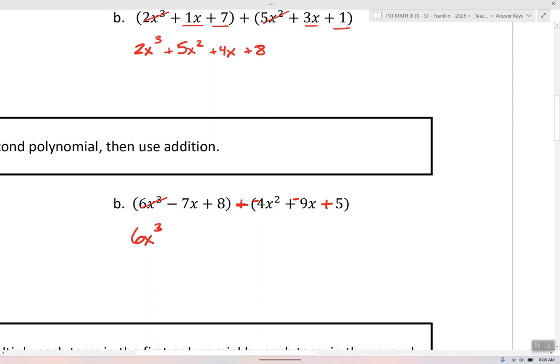And this is why it might be important to think about changing it to addition, because we have this negative 4x squared that there's nothing else, there's no other 4x squared terms. And so if we didn't change it to a negative, we might accidentally leave it as a positive. But since it is negative, we'll have minus 4x squared. And then negative 7 plus negative 9 gives us negative 16x, and 8 plus 5 is 13.